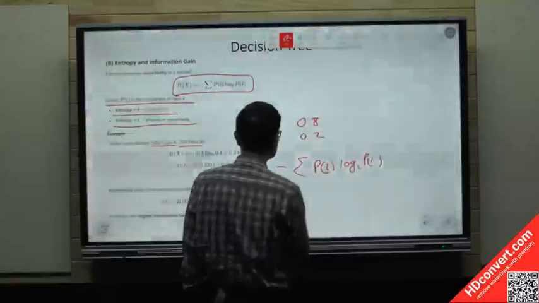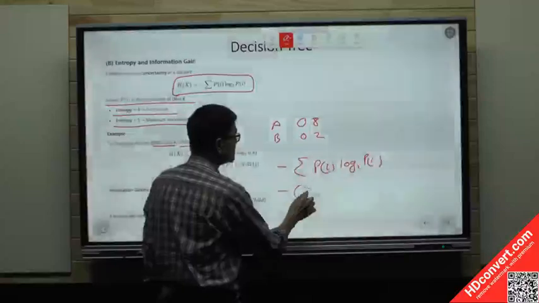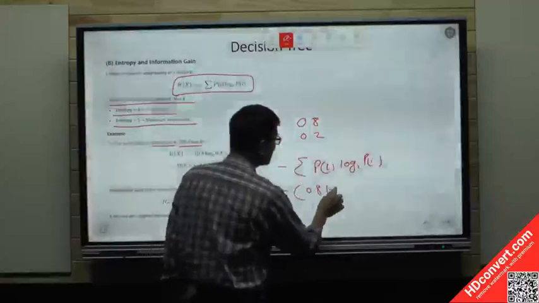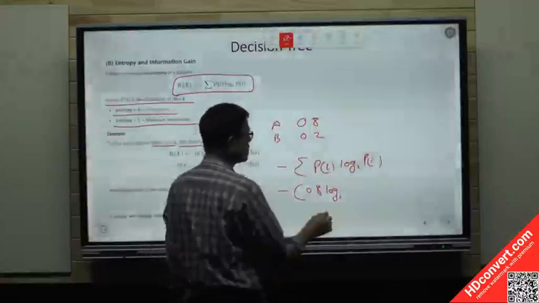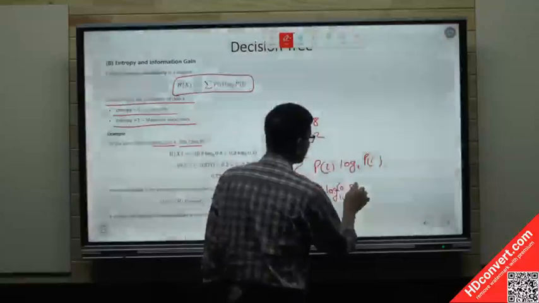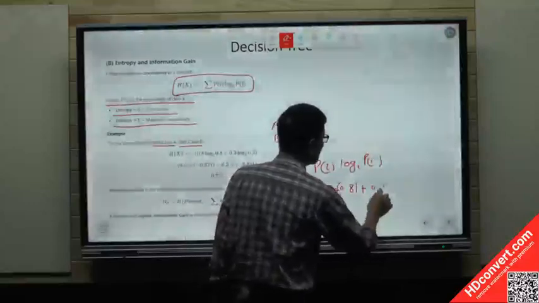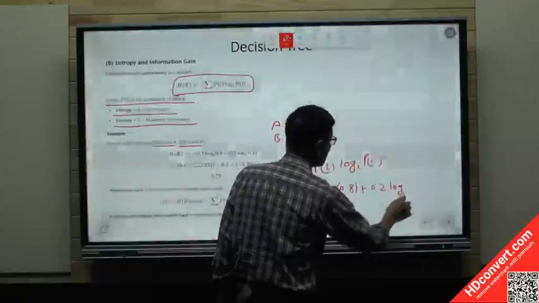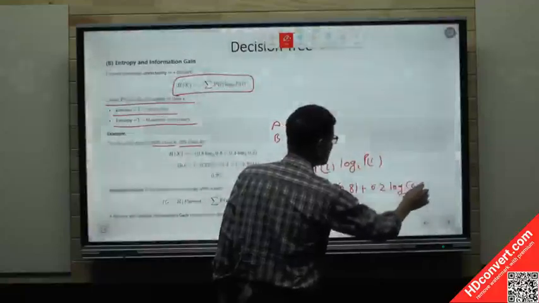So that becomes 0.8 log base 2 of 0.8 plus 0.2 log base 2 of 0.2.